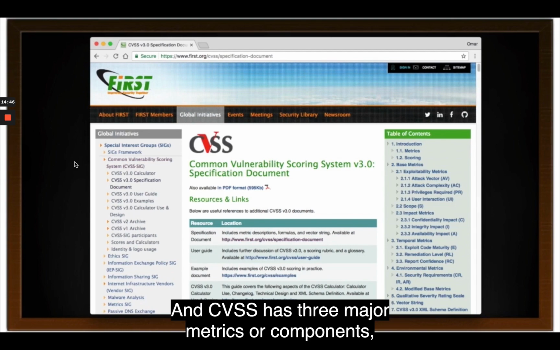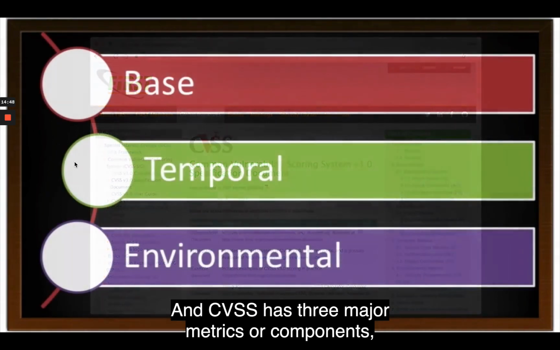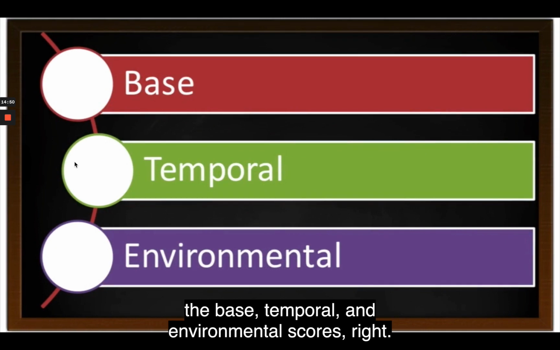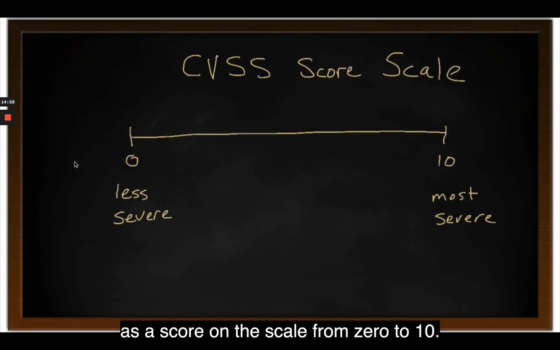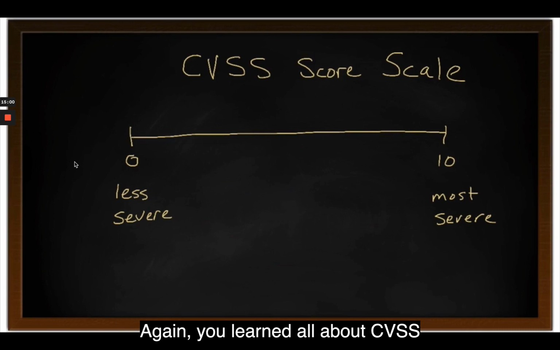right? CVSS has three major metrics or components: the base, temporal, and environmental scores, right? Each component is represented as a score on a scale from 0 to 10. Again, you learn all about CVSS in the preparation for the SecFun exam, but here's a very brief refresher, right?